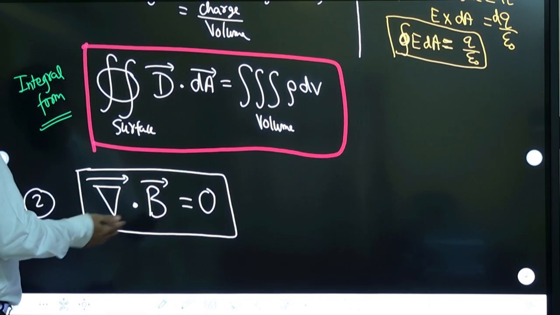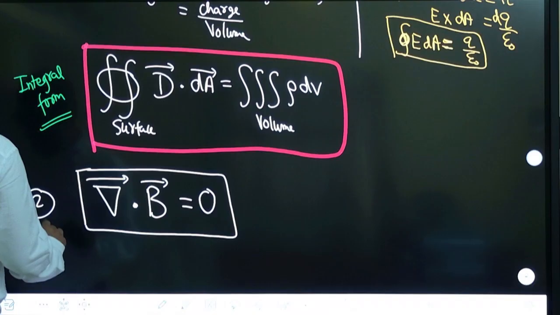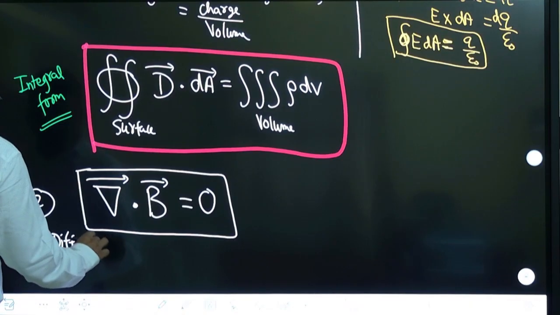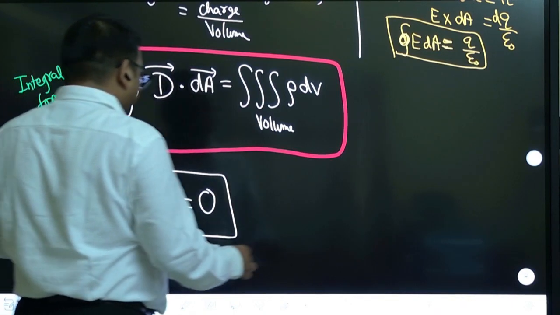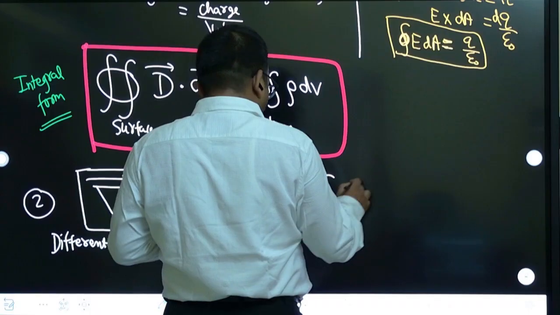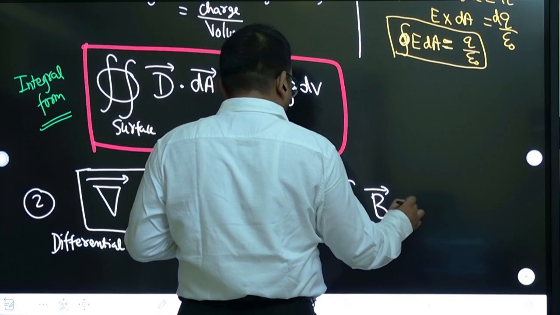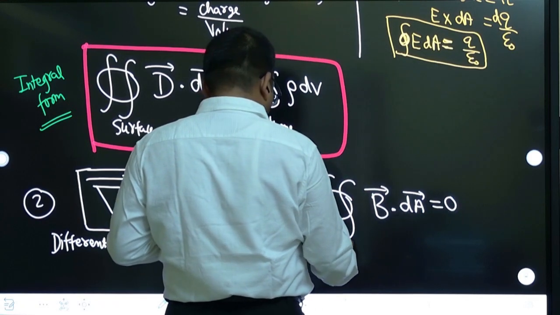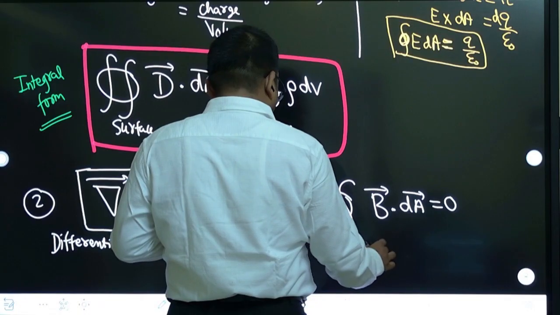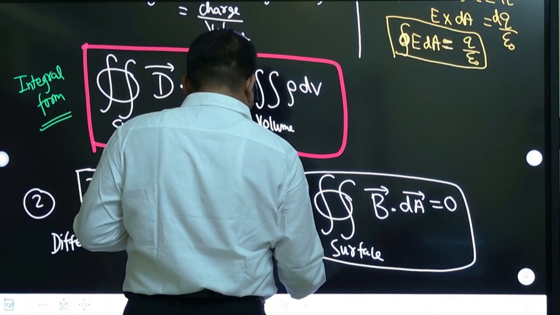This is differential form. What is the integral form of this? Integral form is again like this: closed surface integral of B dot dA is equal to 0. This is over a surface. This is integral form.